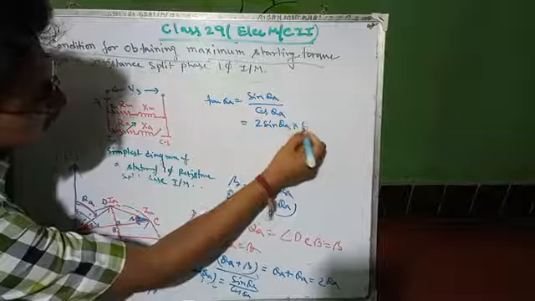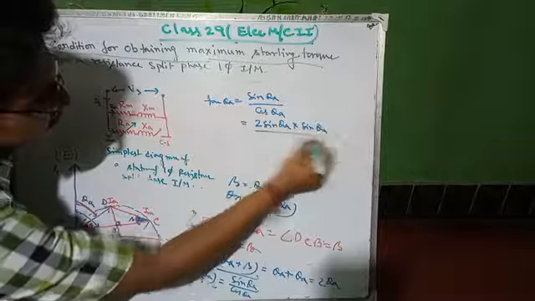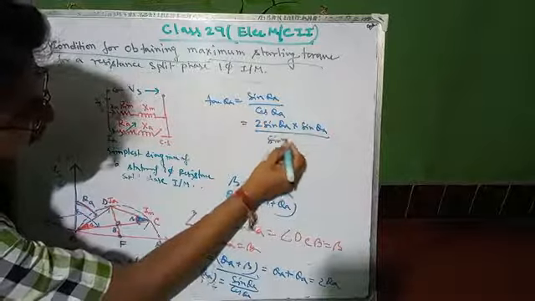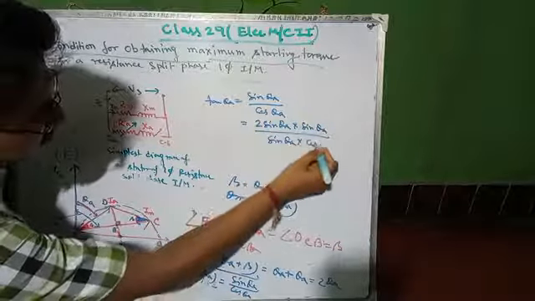Sin theta A into sin theta A, so that is sin theta A into cos theta A.